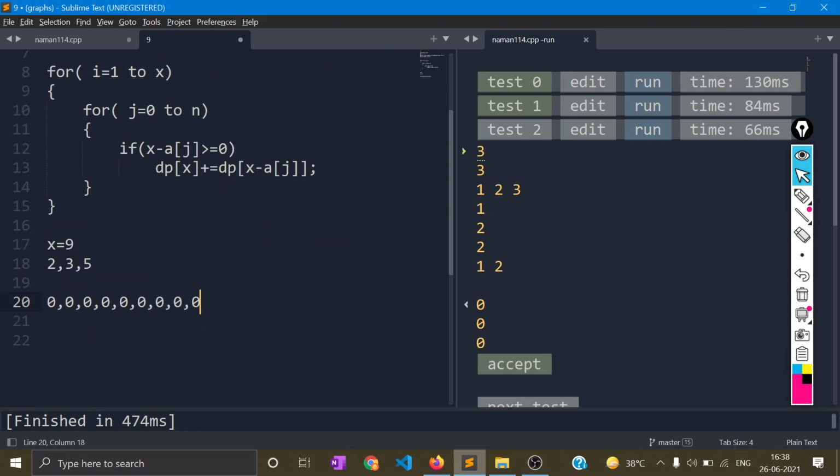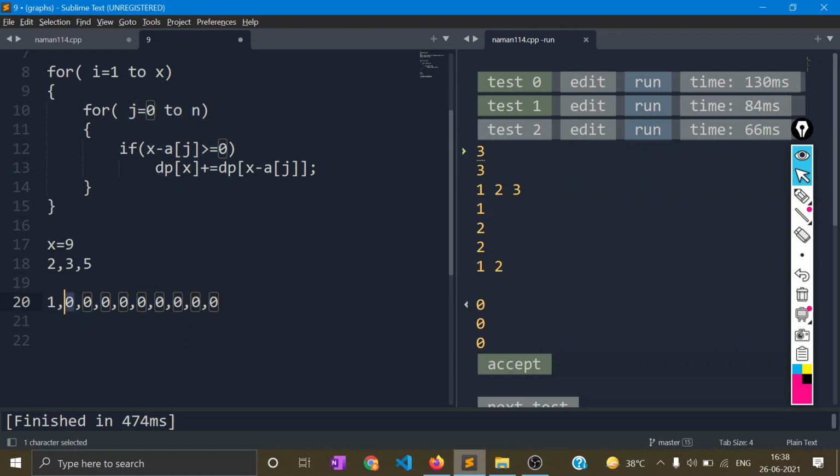and I would iterate from the first one, and the zeroth element would represent 1, because there is one way to have nothing. You just do nothing. Now I would be iterating 0 to n, and if x minus a[j] is greater than or equal to 0.